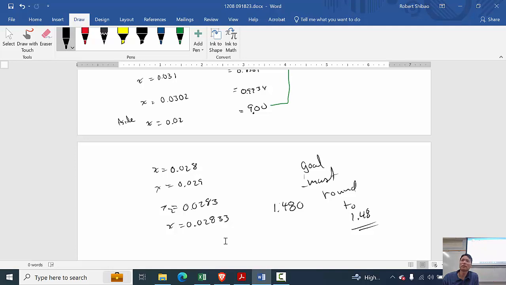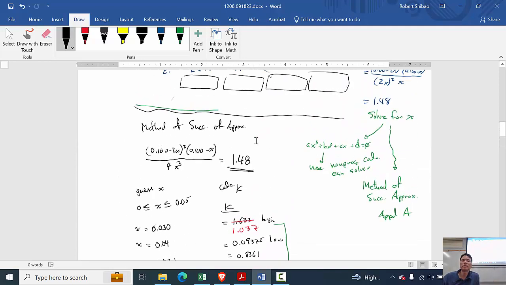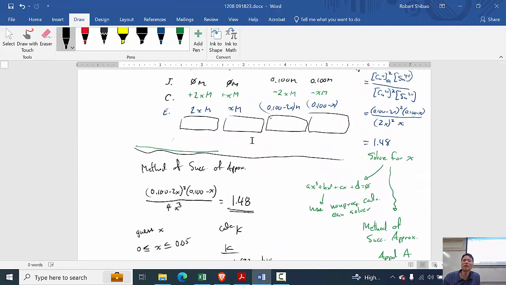If you have the equation solver, but the pain about the equation solver is you have to get it into cubic form. So you have to spend some time rearranging it algebraically from this to this, and so it's not so easy.